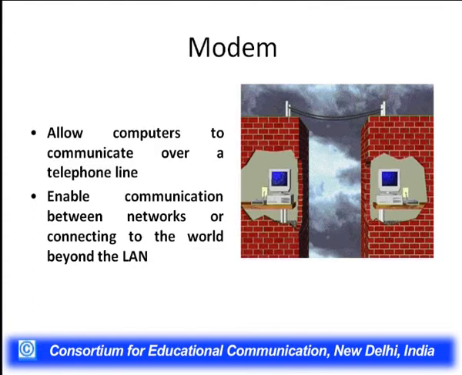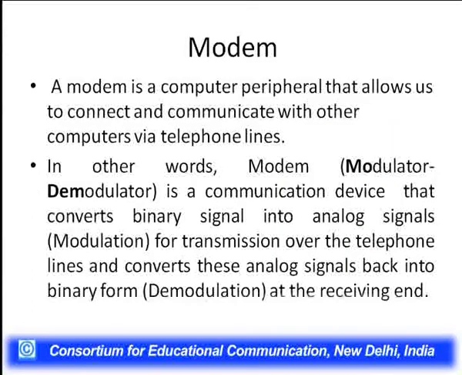So it allows computers to communicate over a network using analog signals. It enables computer networks to transfer data through telephone lines and other analog channels which carry the data and connect the LAN to the wide area network.